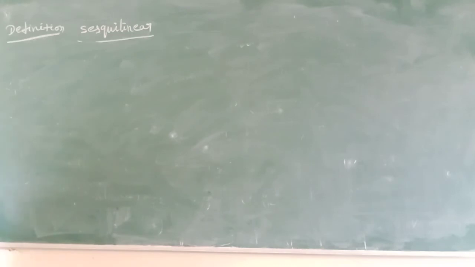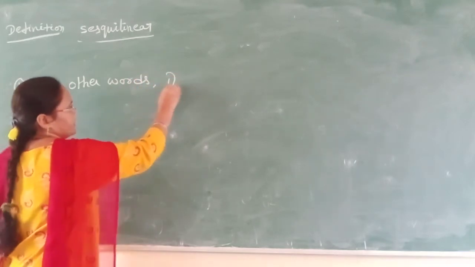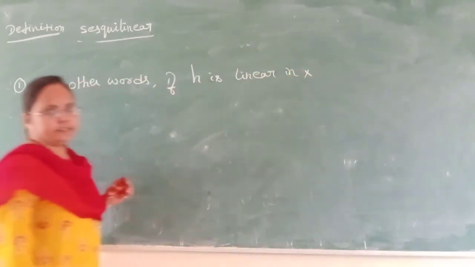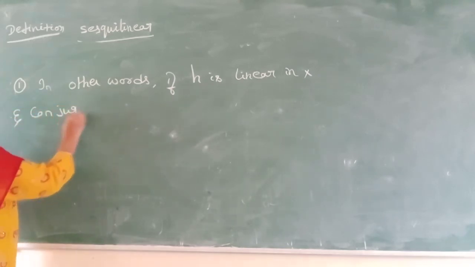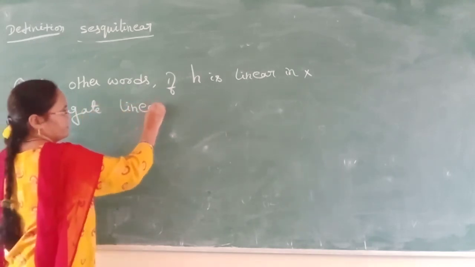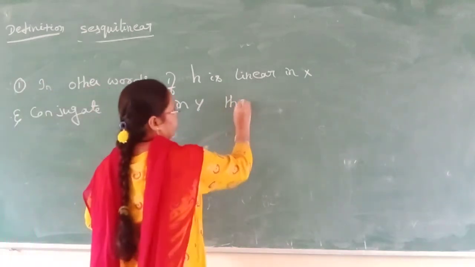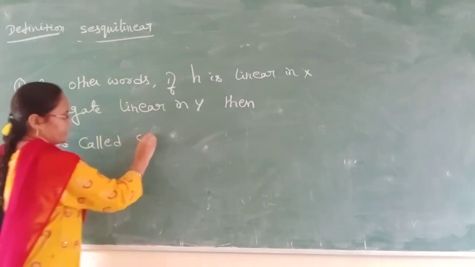In other words, if h is linear in x, domain set x, and conjugate linear in y, then h is called sesquilinear.